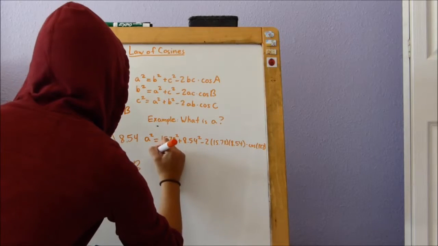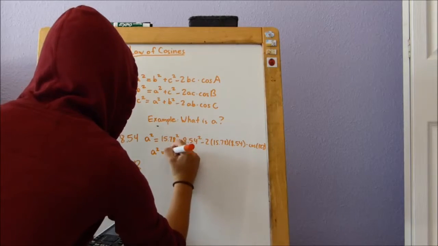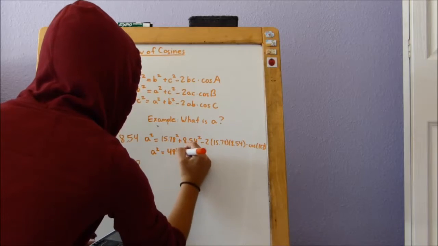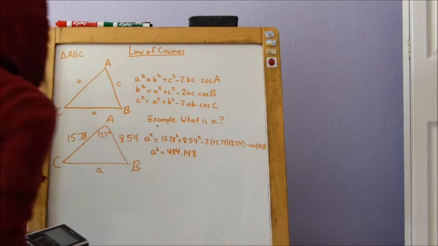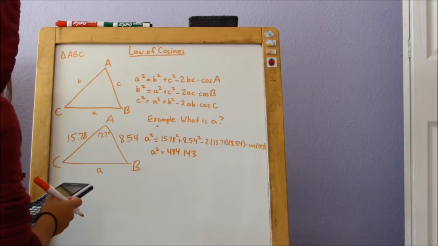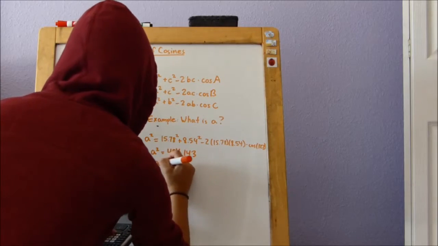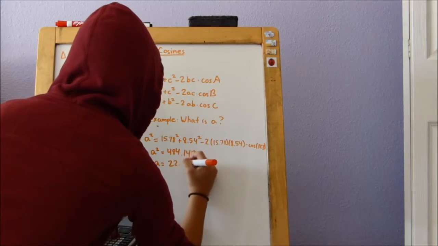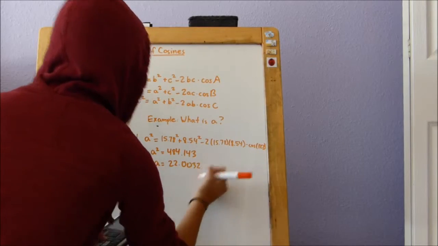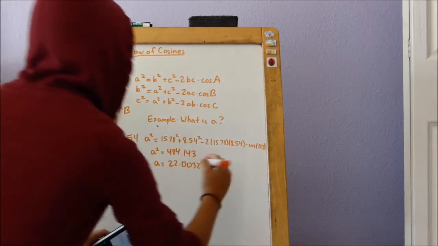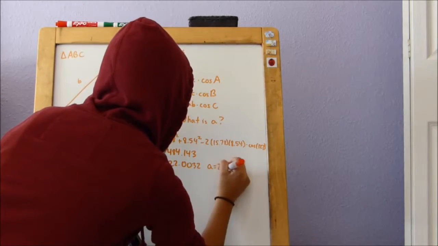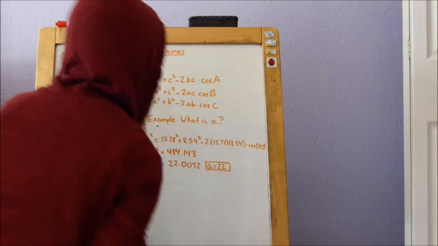Alright, so we get A squared equals 484.143. So to solve for A, we're going to take the square root of that number, and we end up getting A equals 22.0032. Now we're just going to simplify that into A equals 22, and we've got our answer.